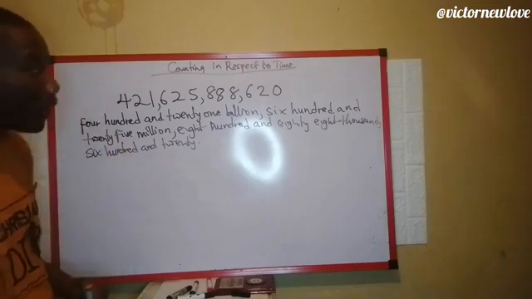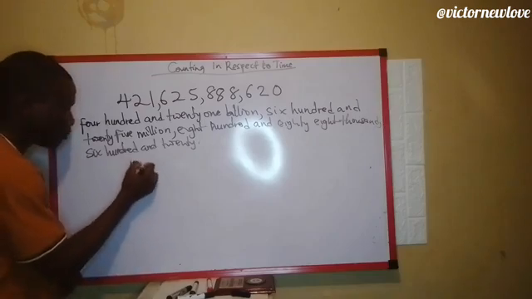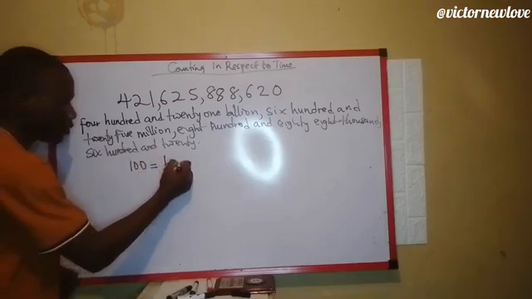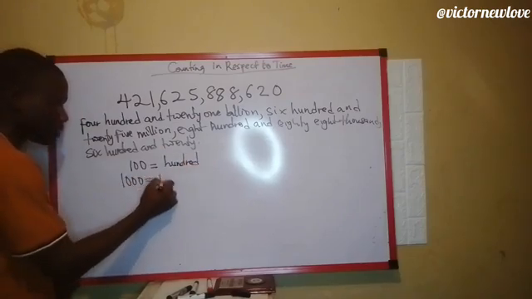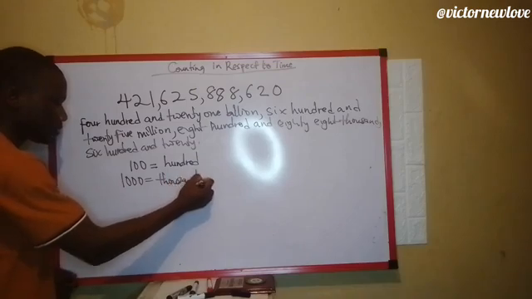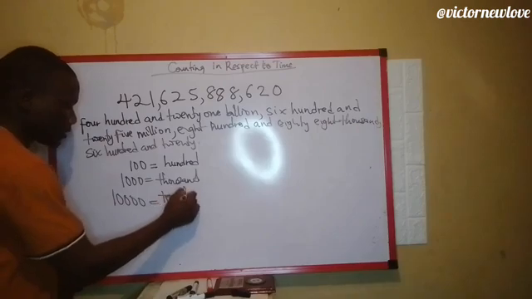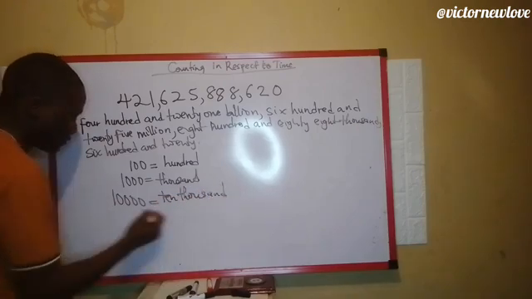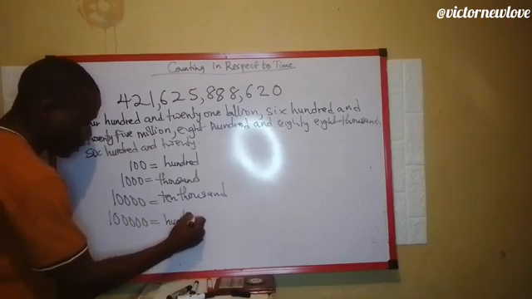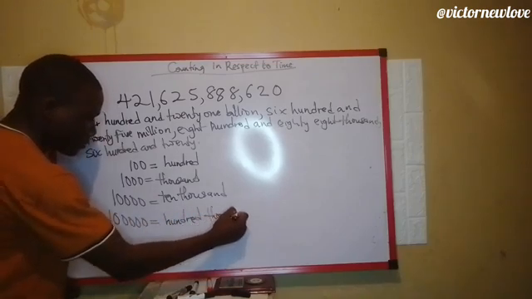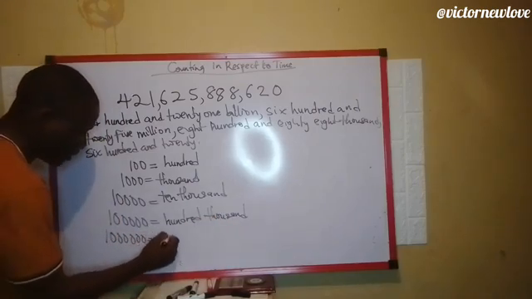This is a big number. So when you have a lot of zeros, we start with 100. Now if we add another zero, we have 1,000. Add another zero, it becomes 10,000. Add another zero, it becomes 100,000. Add another zero, it becomes a million, 1,000,000.